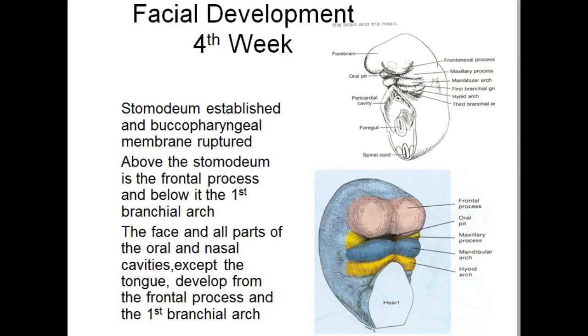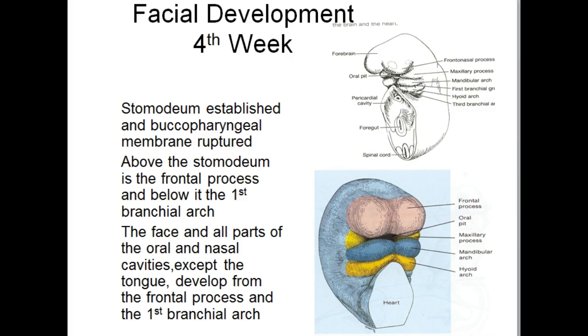In the 4th week, the stomodeum is well established and the buccopharyngeal membrane has ruptured. Above the stomodeum is the frontal process, and below it is the first branchial arch.